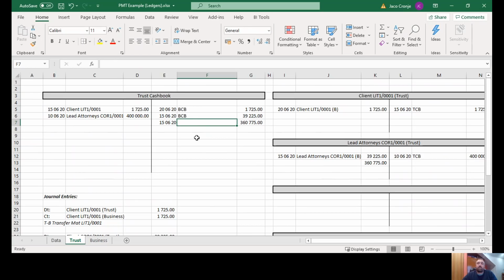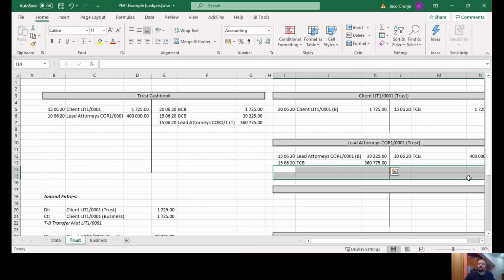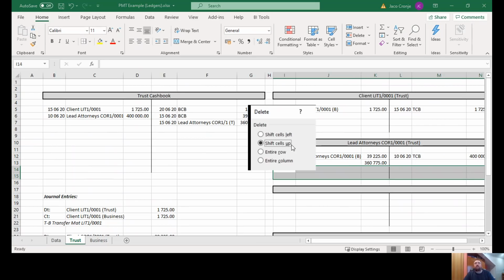So my description there will be lead attorneys COR11 trust, and on this side my description will be TCB. And now this account balance is 0, so I'm happy this account is closed, client happy, matter closed.